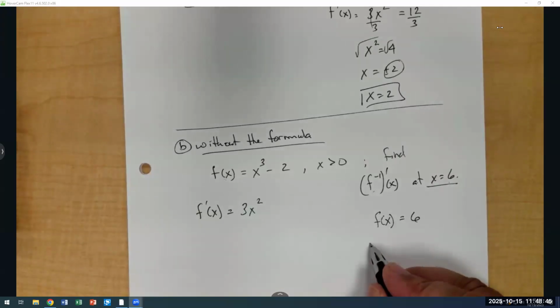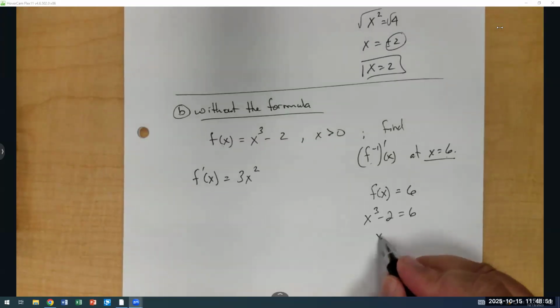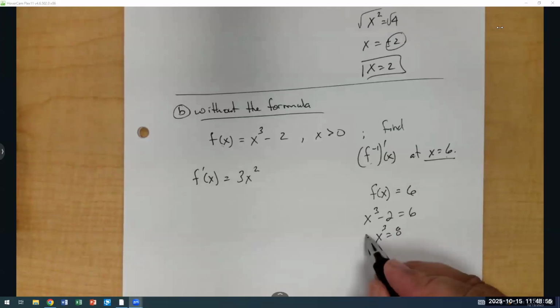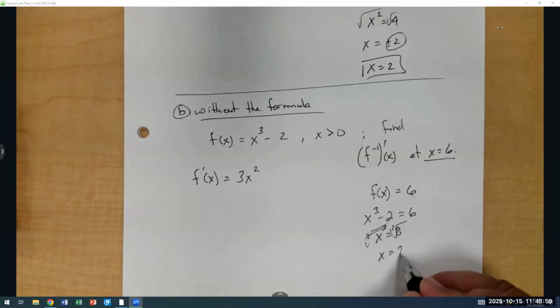So at x cubed minus 2 equals 6, x cubed equals 8, cube root of both sides, x equals 2.